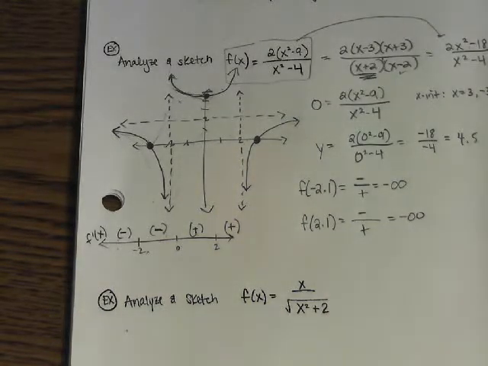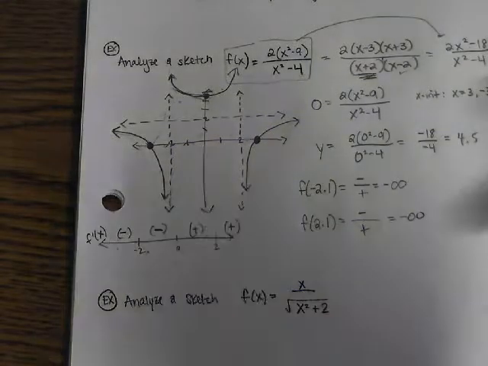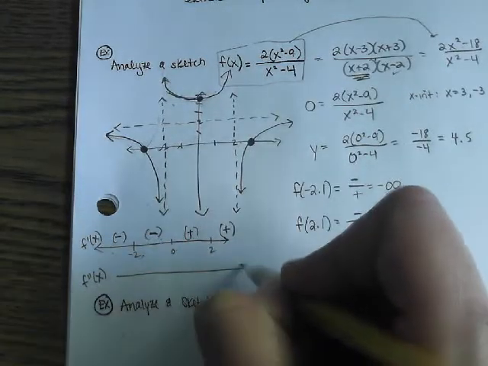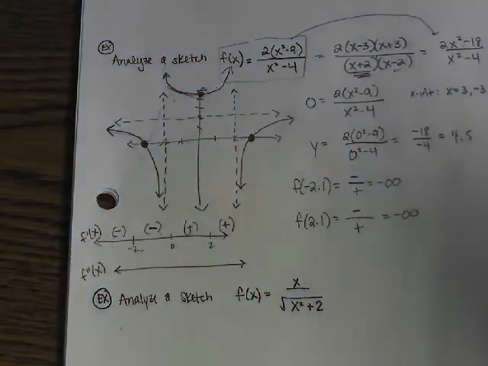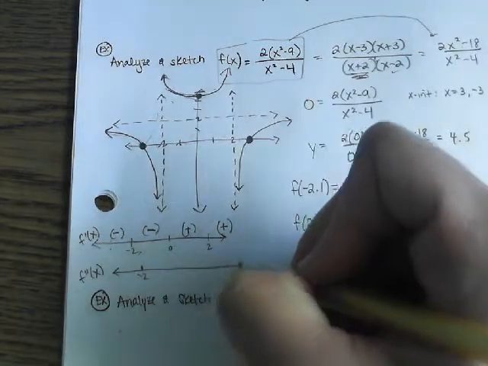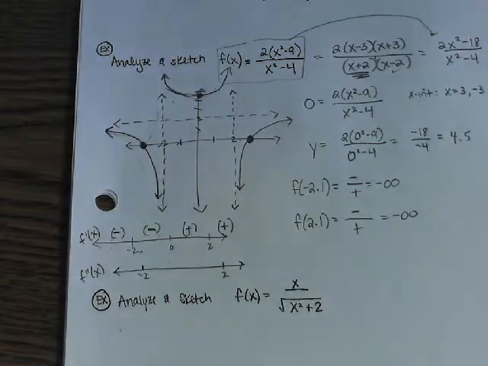And then your second derivative would create critical points at just -2 and 2. Prior to -2, you would have gotten what?